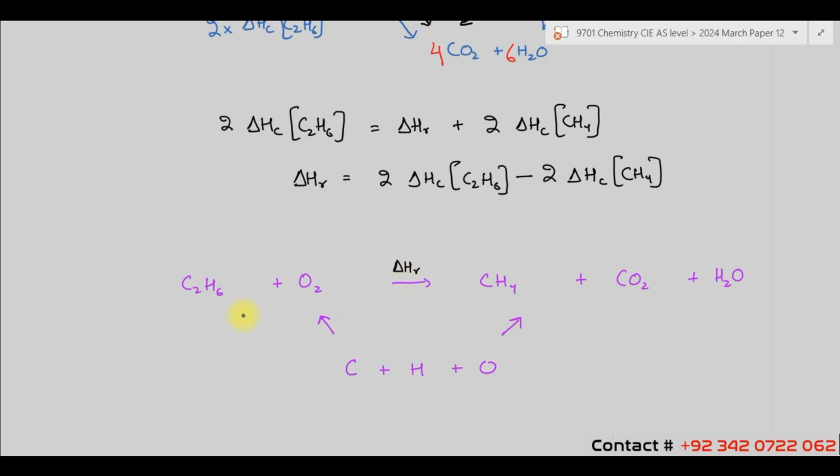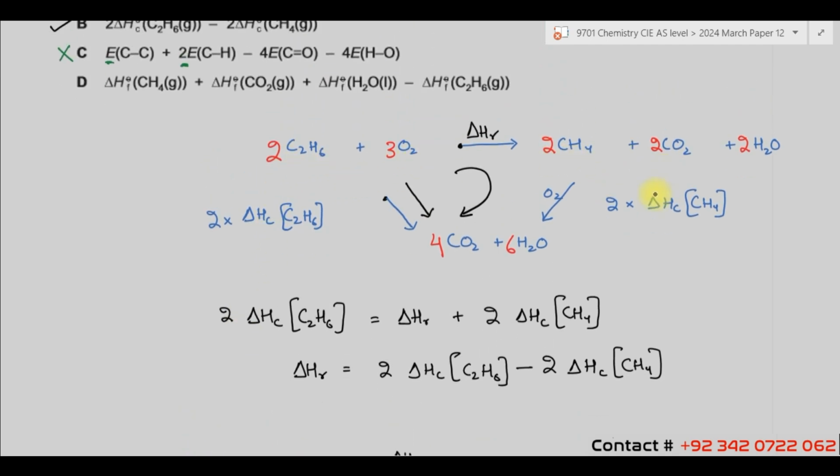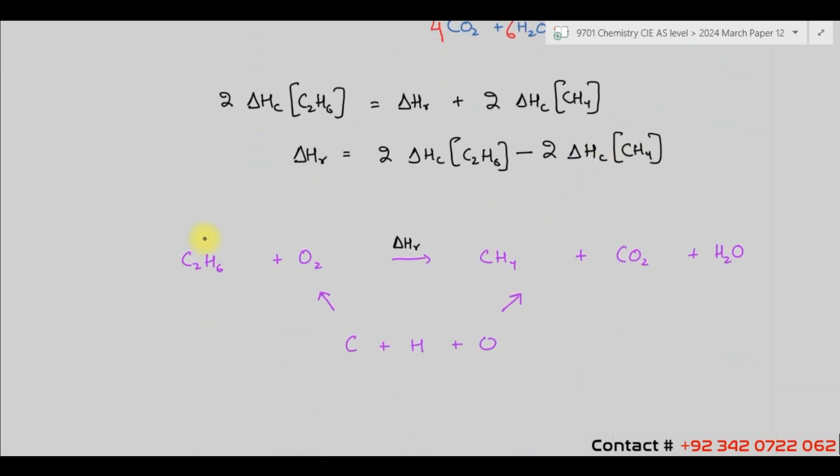Alright, so 2, 3, 2, 2, 2. So 4 carbons, 12 hydrogens, 6 oxygens. Now enthalpy change of formation means when number of moles of product is formed from the elements in their standard states.